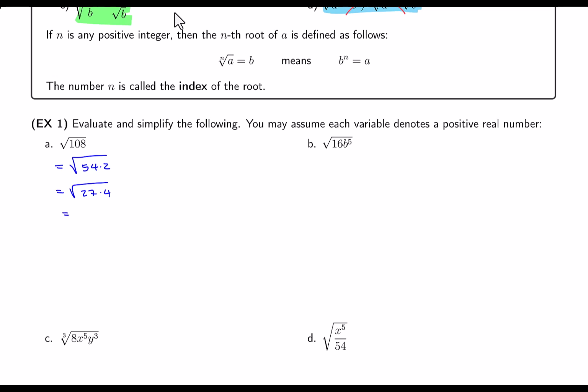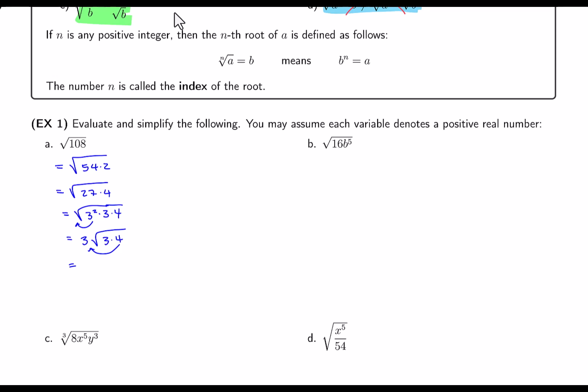And then also, 27 I recognize as 3 cubed. So I could write that as 3 squared times 3 times 4. And here's the thing. The 3 squared is a perfect square. It can come out of the radical as a single value. 4 is a perfect square. It can do the same.